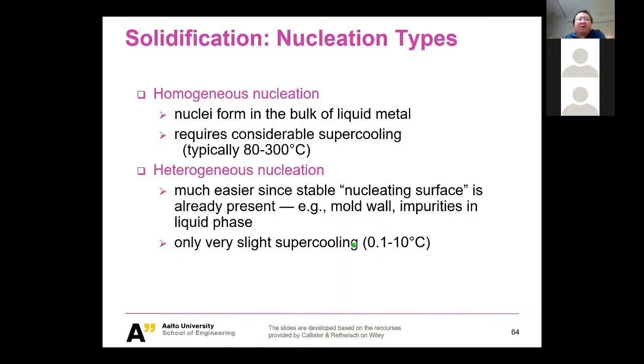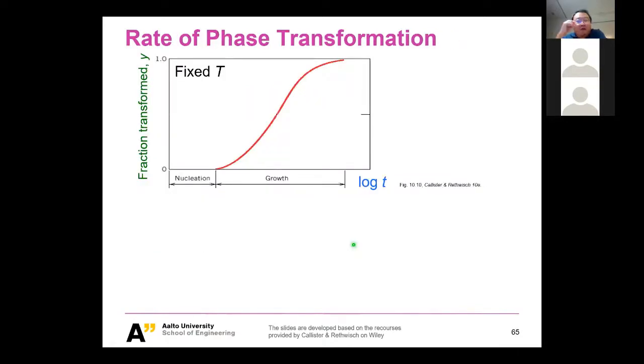And the supercooling, or superheating, that you need is pretty small. It's just a few degrees. And for the homogeneous one, you really need from 80 to 300 degrees C to get a sustainable solidification process going on. All right, so these are the two types of nucleation.